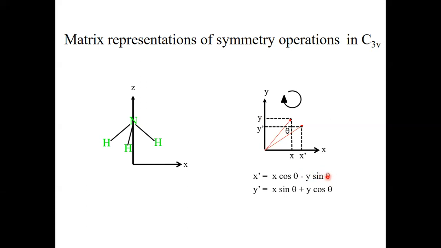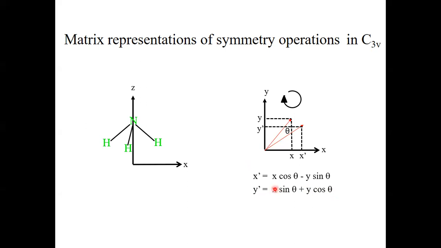So y prime is equal to x times sine theta plus y times cosine theta. You see again here that x and y are dependent. The transformation of x into x prime also involves y, and the transformation of y to y prime also involves the coordinate x.